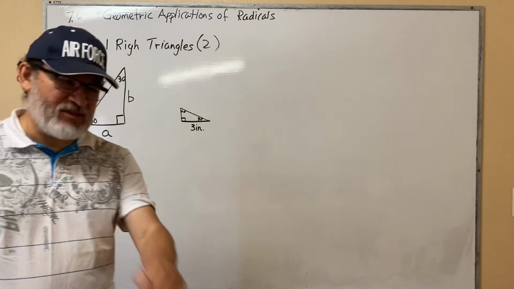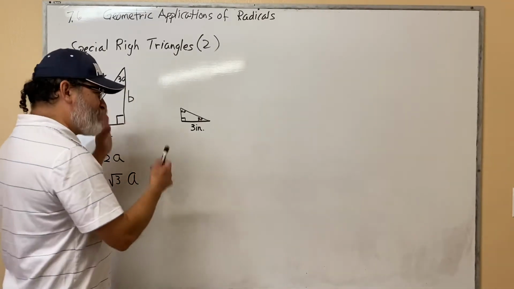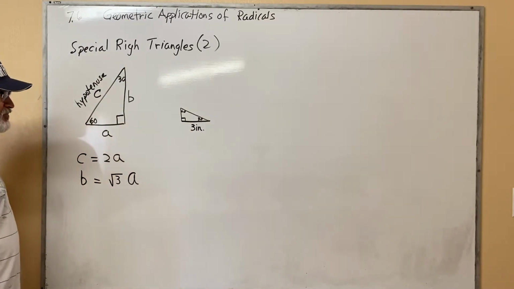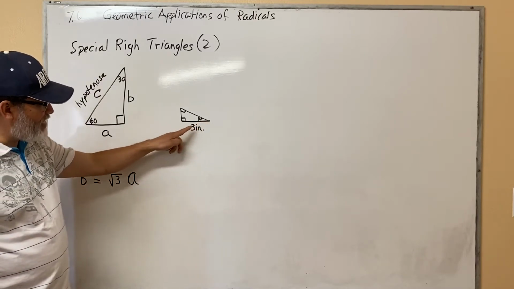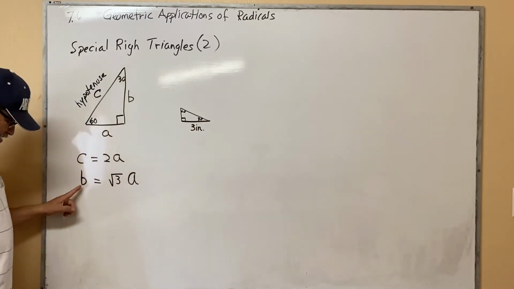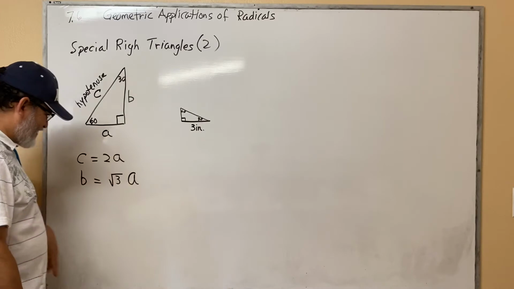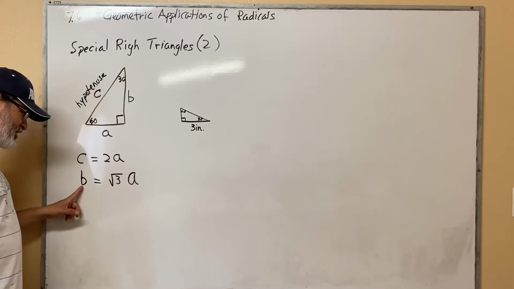And the question is, can you find the short leg and the hypotenuse? Yes, you can with this. You see, the long leg is 3 inches. This is the long leg. Once you plug in 3 inches here, you'll be able to get the short leg.